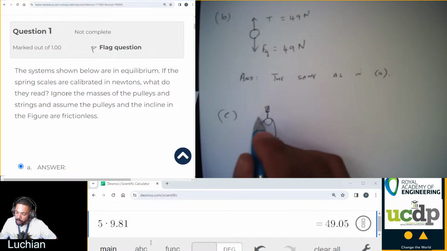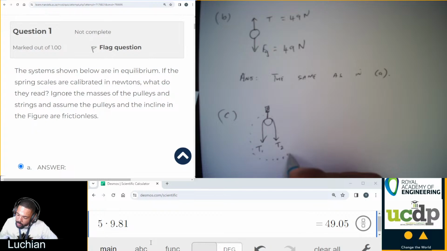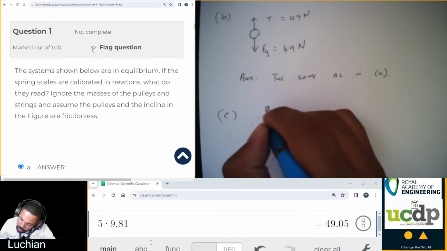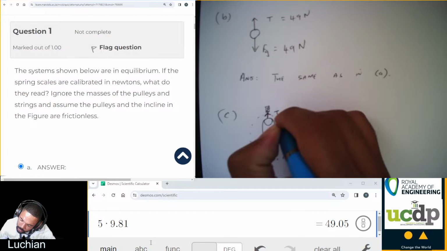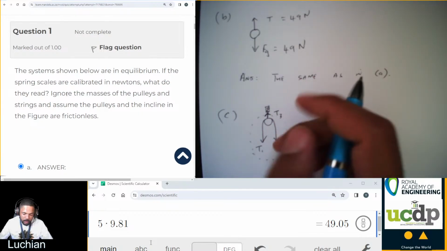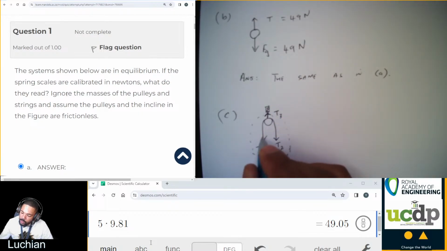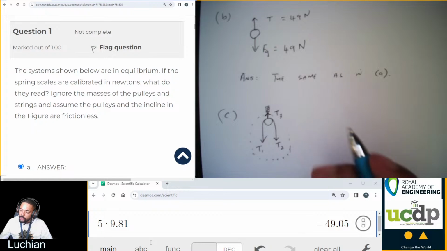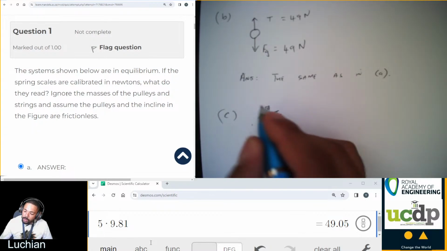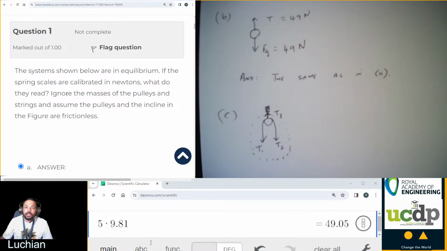So this whole part, isolate that part. This here should be tension number 3. So we have tension 1, tension 2 and tension 3. Tension 3 will be the readout on the scale.